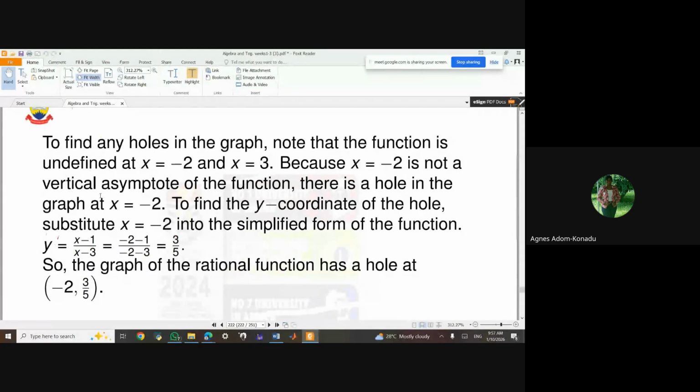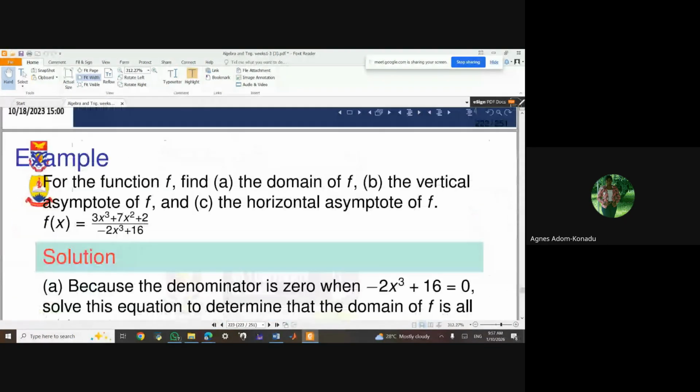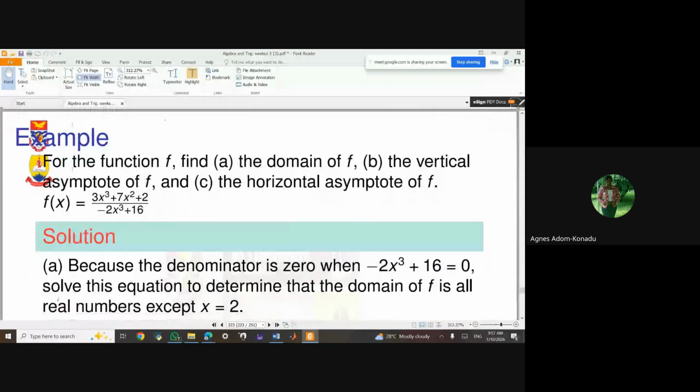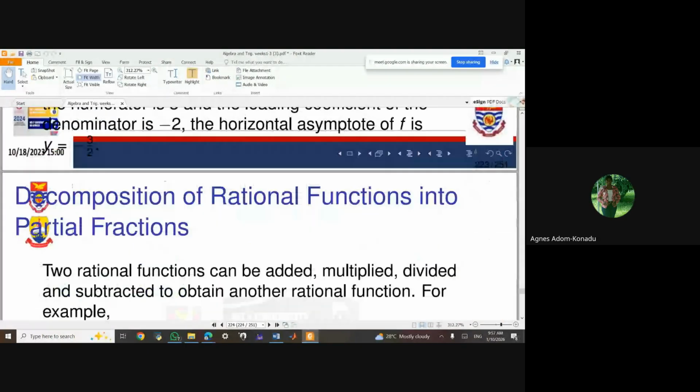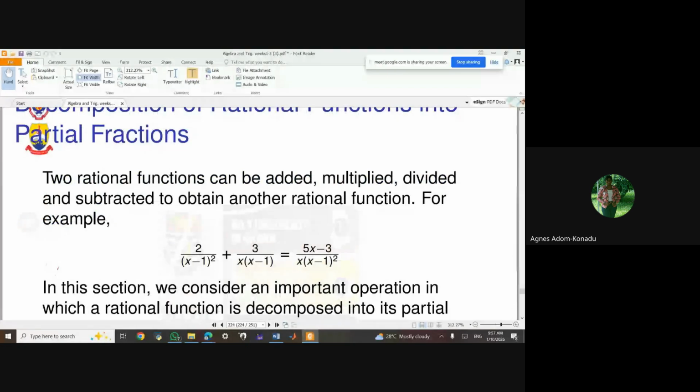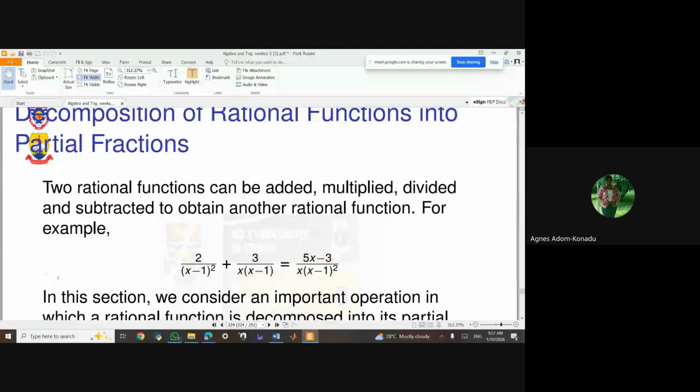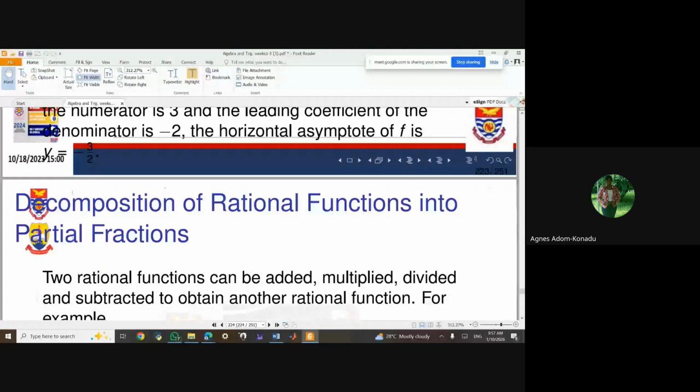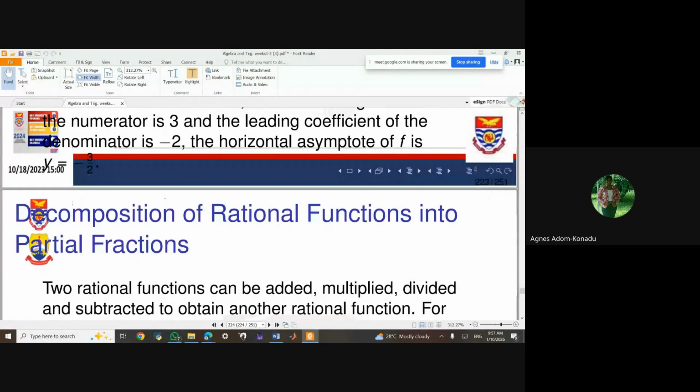Okay, so you find the y-intercept, x-intercept, everything. Then you sketch the graph. So these are all examples. Please, you can take your time to look at them. So we are done with the graph of rational functions. Any question? But you have to read more.